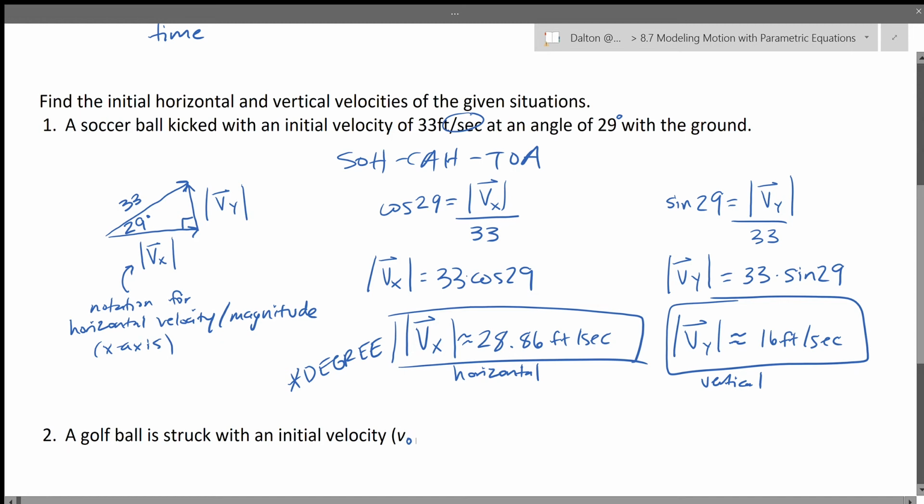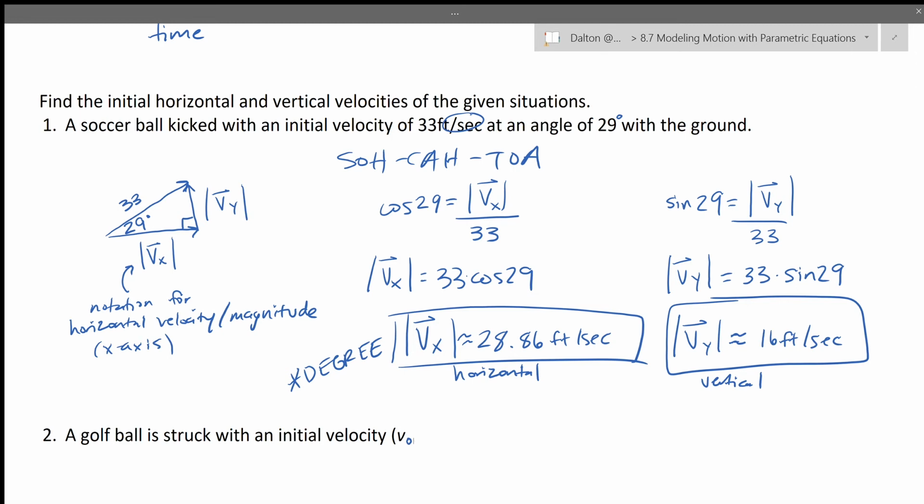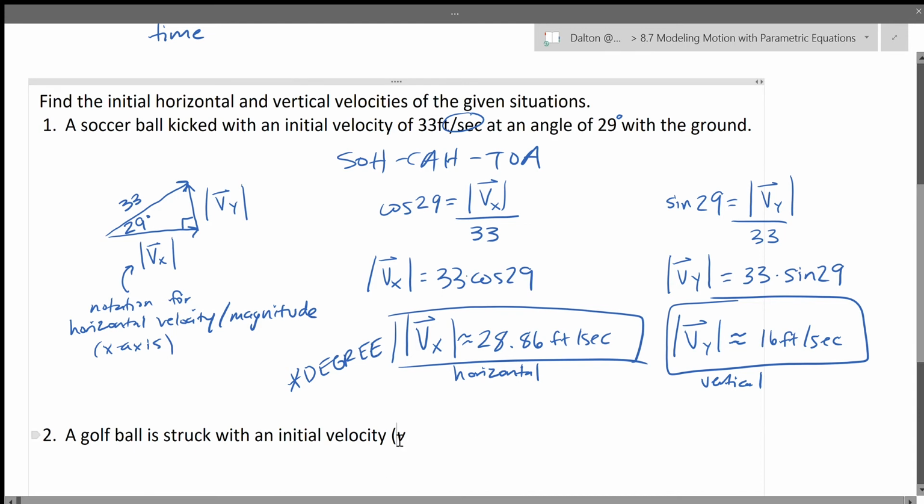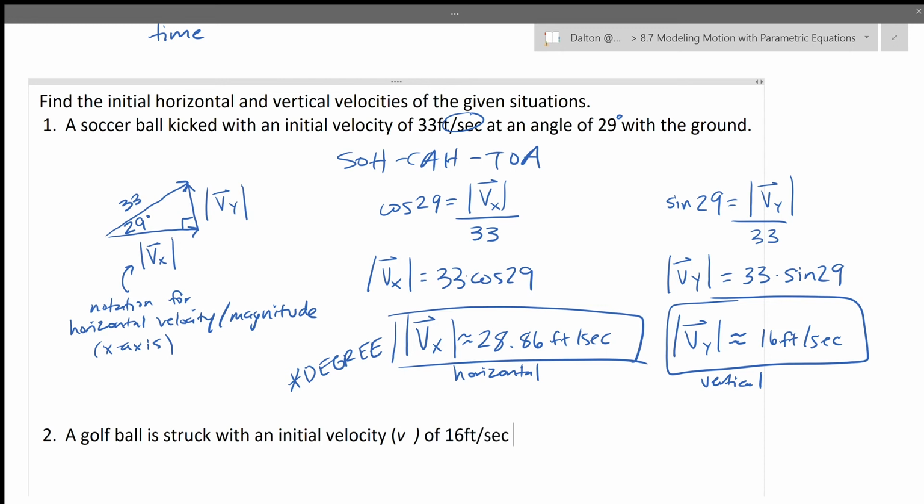So if that ever pops up, I'll write that in a second. V sub 0 of 16 feet per second at an angle of 38 degrees with the ground.